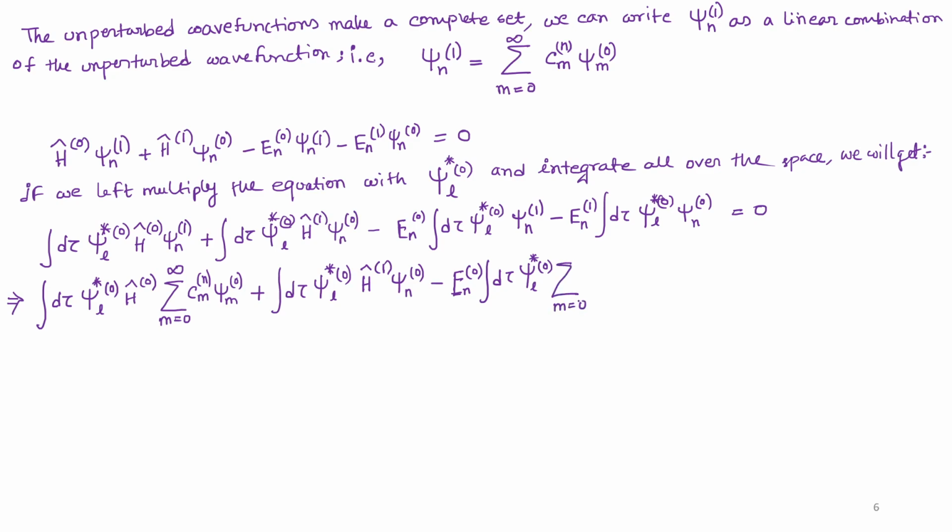That is again the sum over m equals 0 to infinity of Cm n psi m zeroth, minus En1 times the integral d tau psi L zeroth star psi n zeroth equals 0. Now see, this has become a very complex equation.